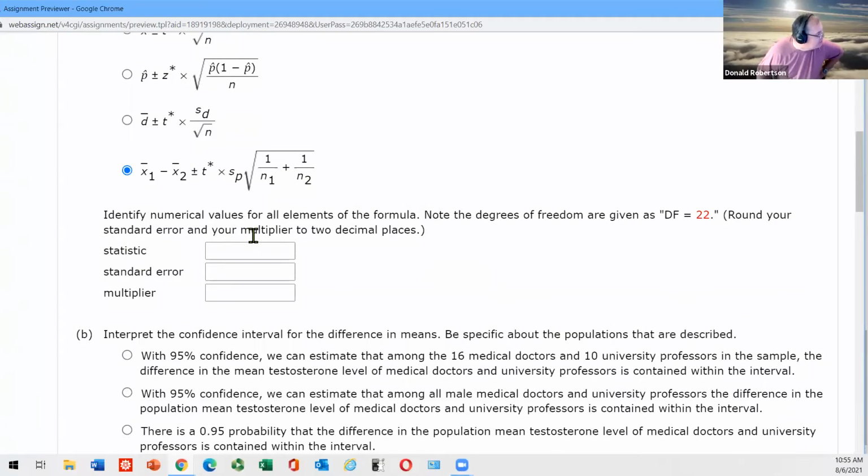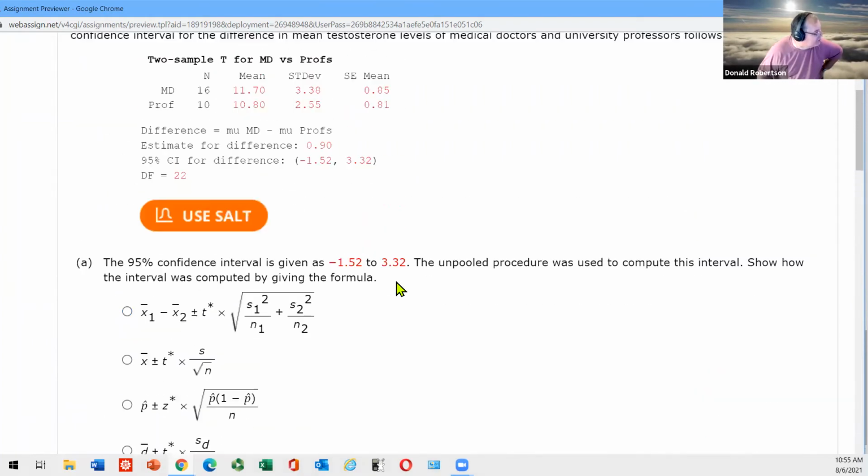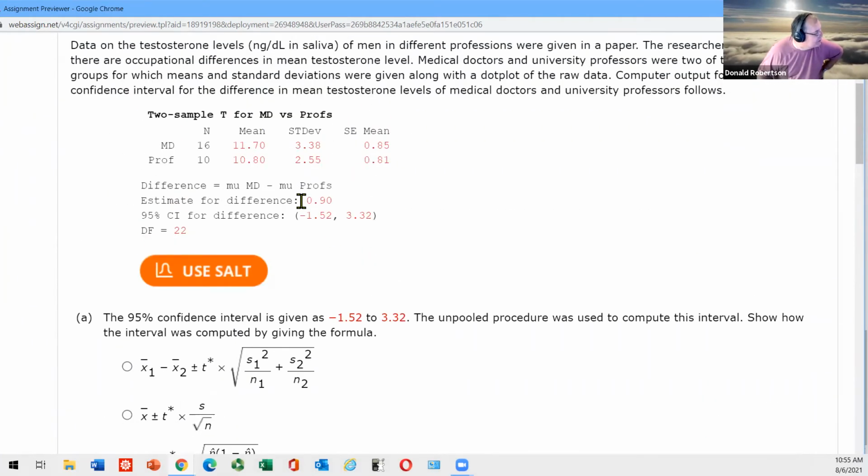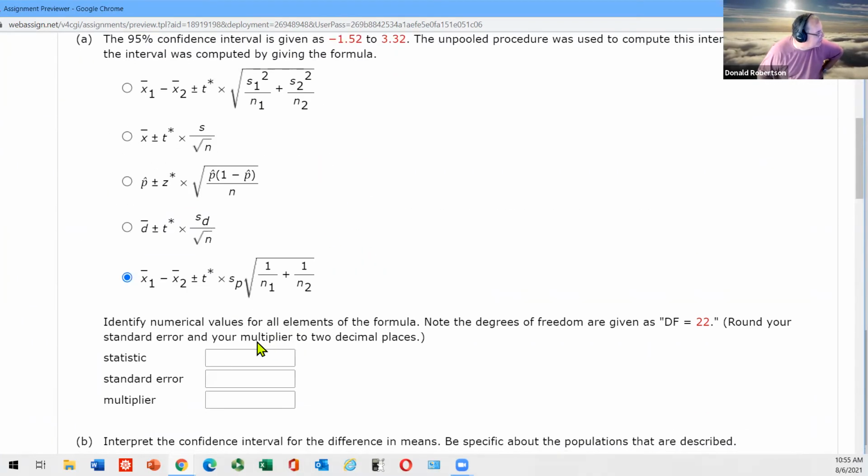Now, identify numerical values of these things. Note degrees of freedom is given as 22. Okay. Round your standard error and your multiplier to 2 decimal places. Statistic, standard error, multiplier. The statistic is the difference, so that's 0.9.